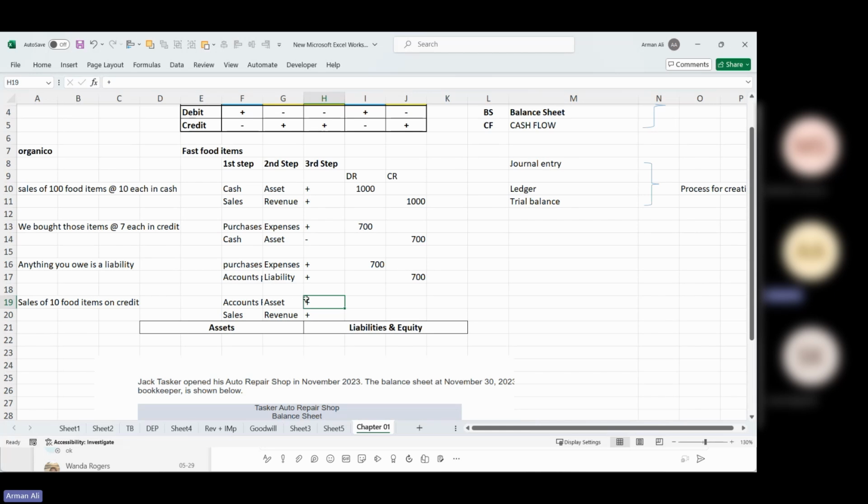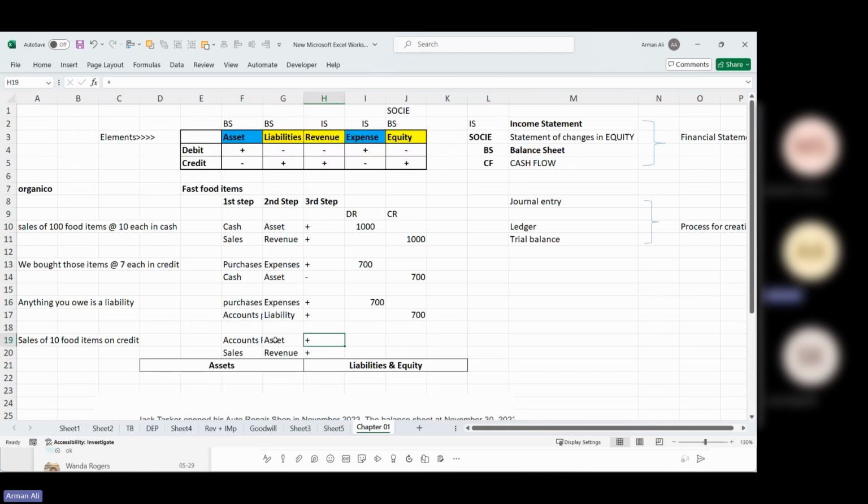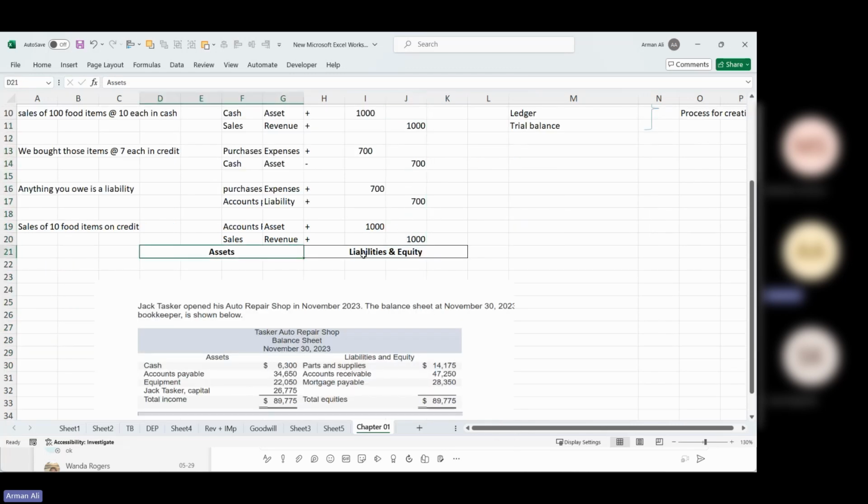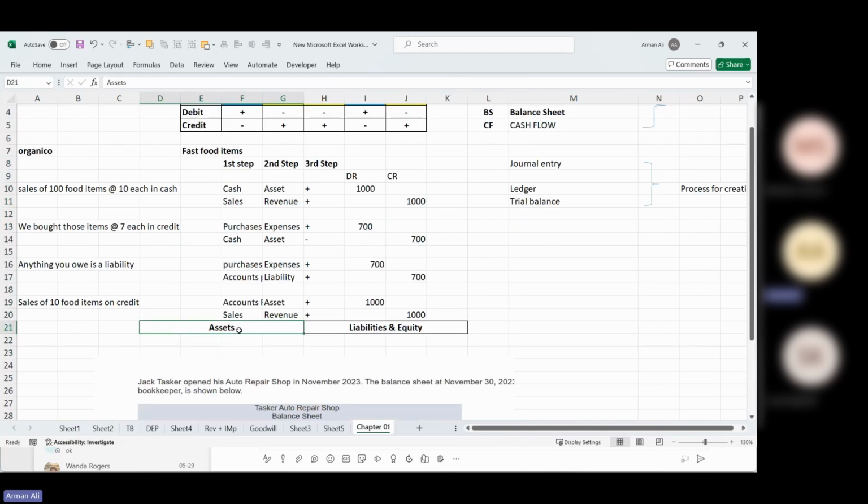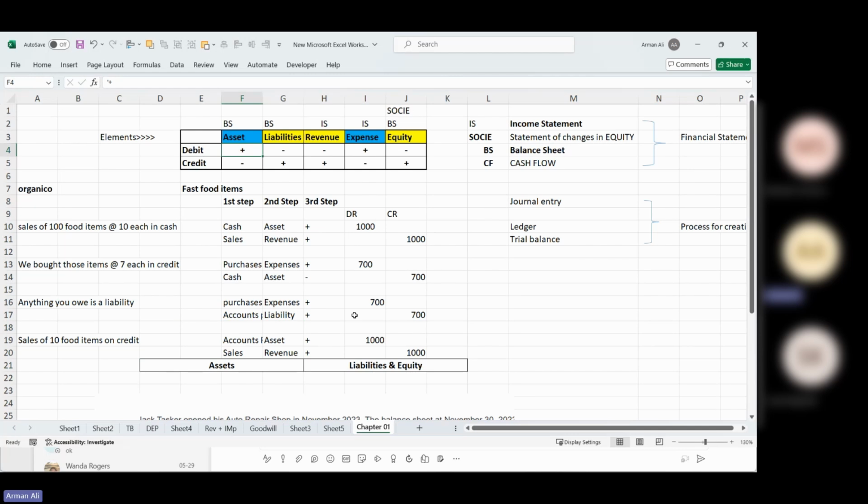So what's happening over here? What happens when an asset increases? You debit it. Say we did it for 1,000. Sales is revenue. What happens when revenue increases? You credit it 1,000. And you can see one thing, that our debit side and our credit side is always equal. And if you look at the balance sheet, asset is something that is always debit.